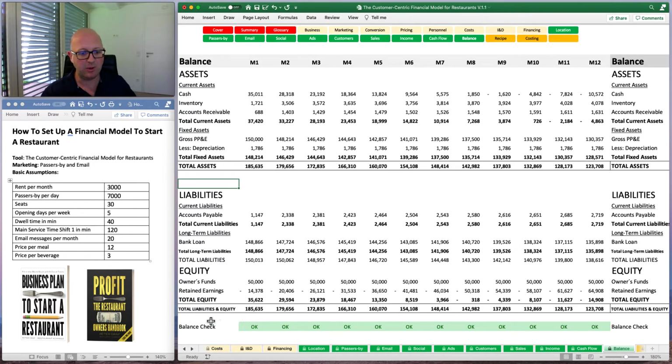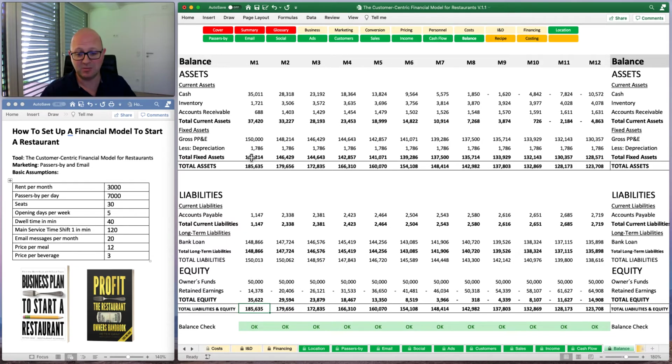Means total liabilities and equity, in this case 185,635, must be equal to the assets in month 1. Assets and liabilities and equity must be equal. And you do have a balance check here on the bottom, and if this says okay, then this balance is correct, means these numbers are equal.